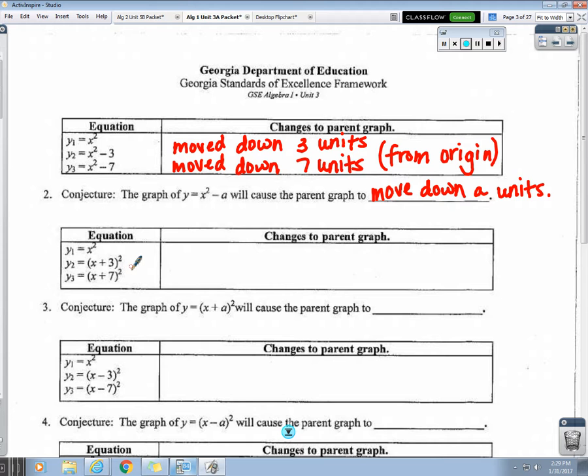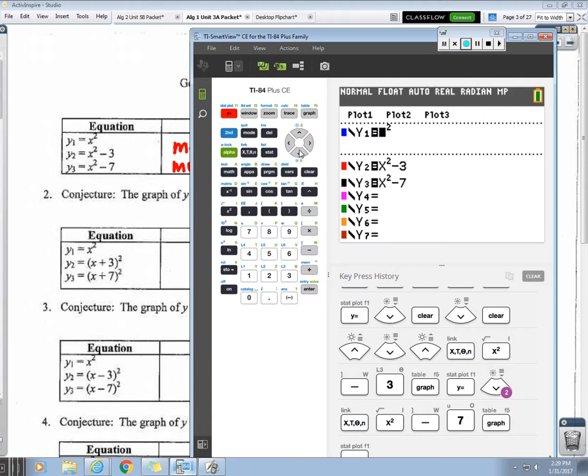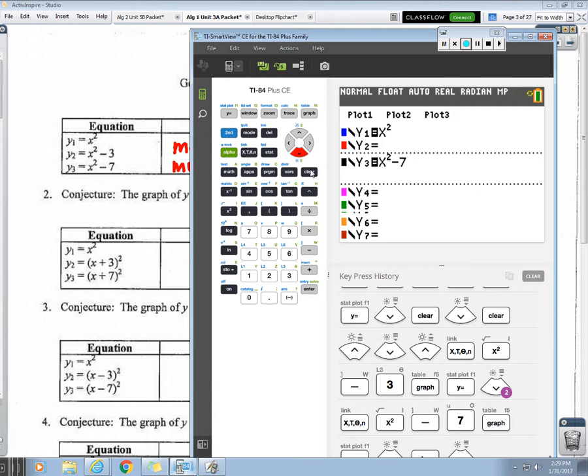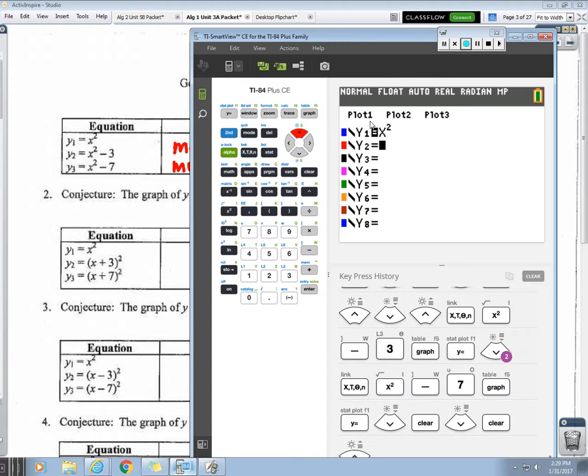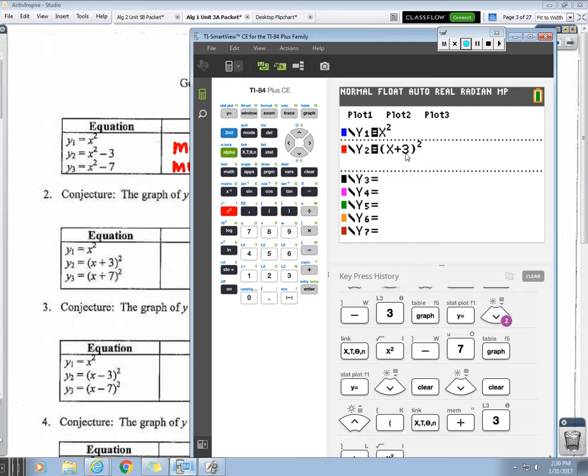Okay, now let's look at what happens when you have parentheses around the x and the number. So go ahead and type in the y1 and the y2. Y1 is still x squared, your parent function for a quadratic. And y2 is parenthesis x plus 3 squared. Now you've got to make sure that the x plus 3 is in parentheses and the squared is on the outside.